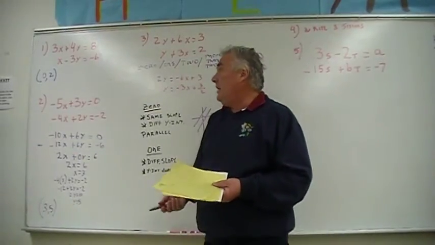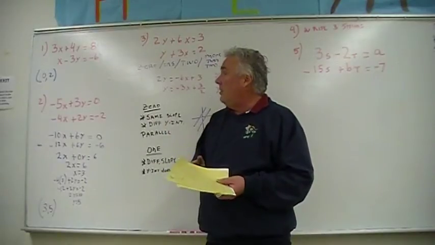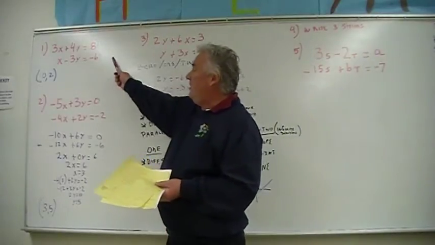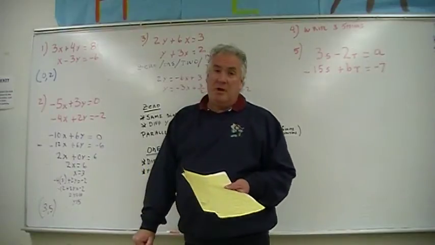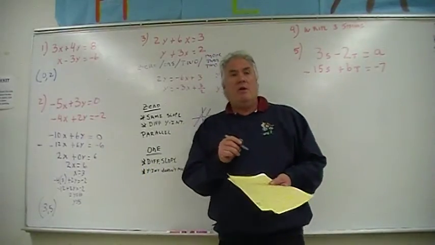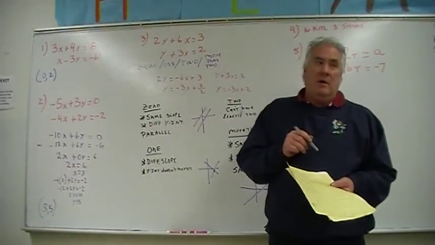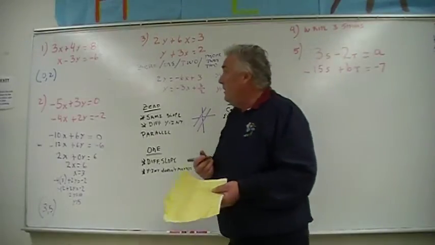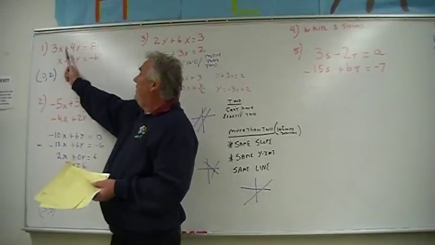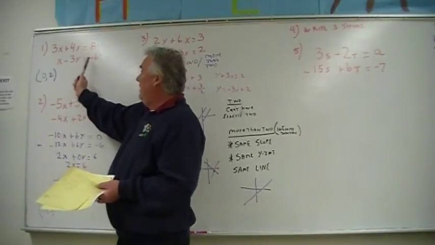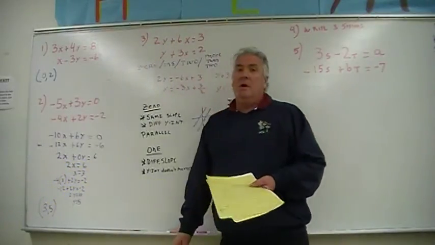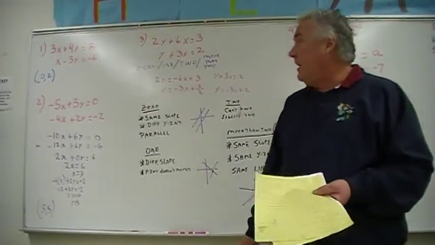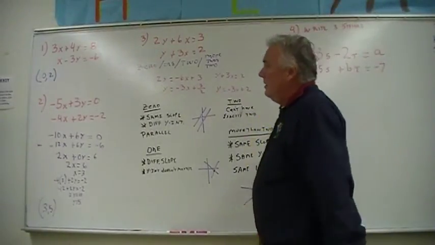You could do elimination, not a problem, if you multiply this by 3 and then do your subtraction. For those of you that are good with your calculator and can do RREF, you could make a matrix with 3, 4, 8, 1, negative 3, negative 6, 2, and get that set up. Okay, so that's number one.